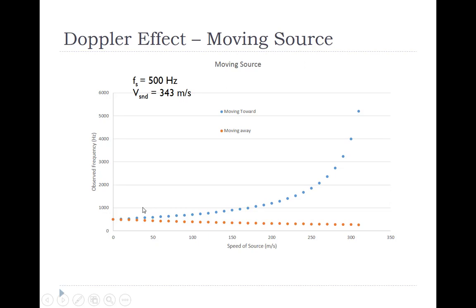You can see here that the observed frequency shifts more as the source is moving faster, particularly when it is moving toward at nearly the speed of sound. The orange graph looks like it is linear. It is not. You will see that in a couple of slides. It's just not as dramatic a change as it is for when we're moving toward.